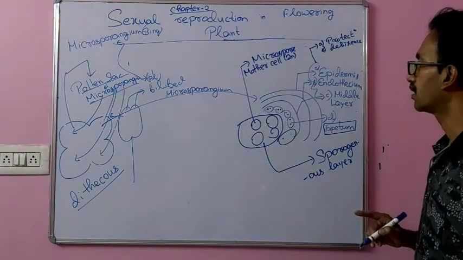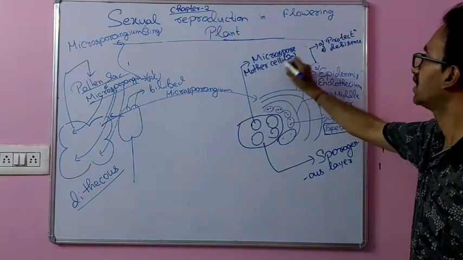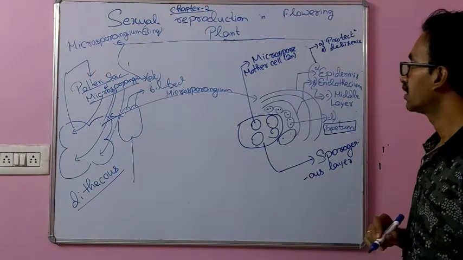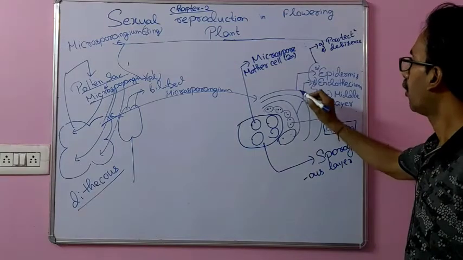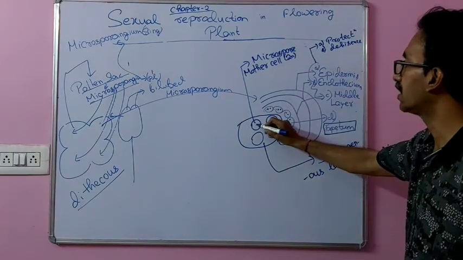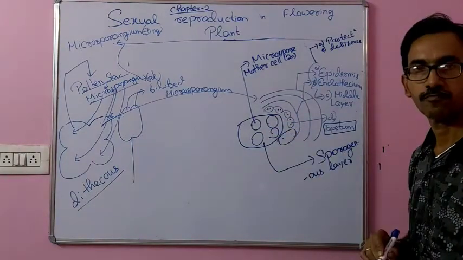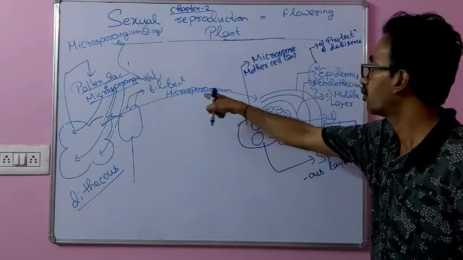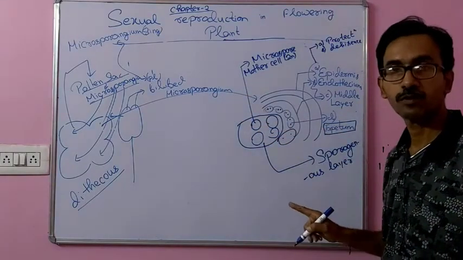This layer comprises cells that are microspore mother cells, which are diploid. See, all these cells, starting from the outermost layer to this layer, are diploid. So this is the diagram of the microsporangium, that is over.